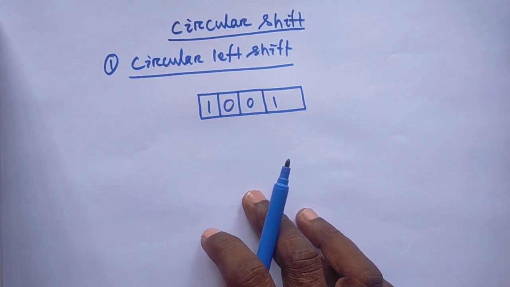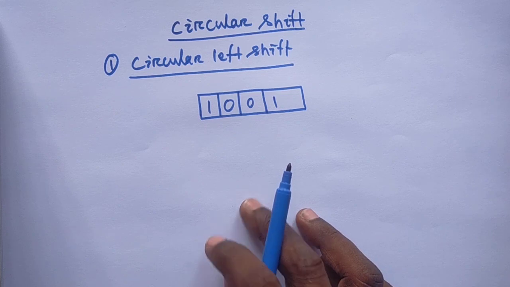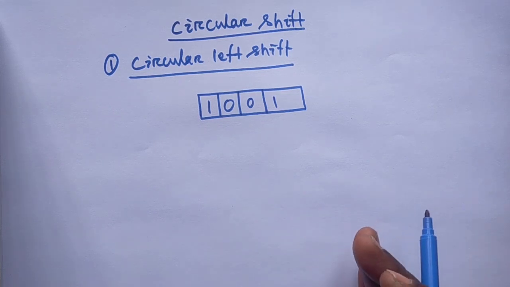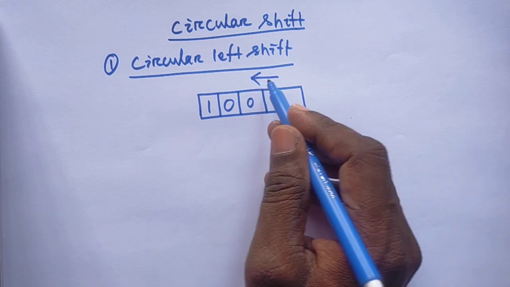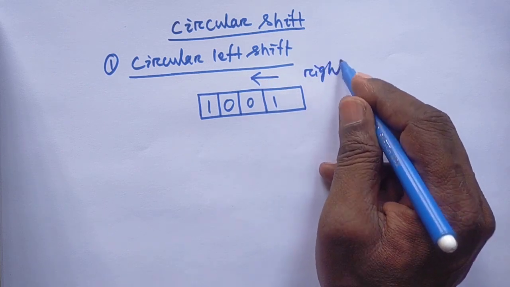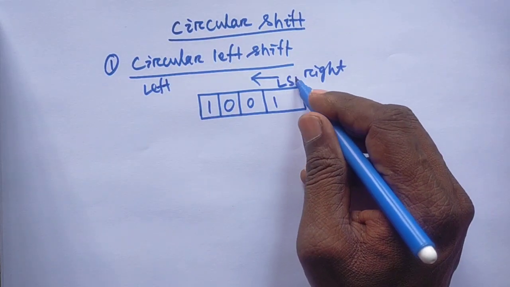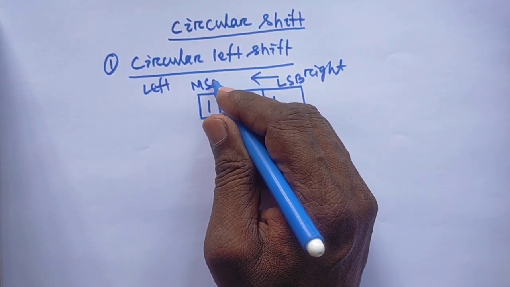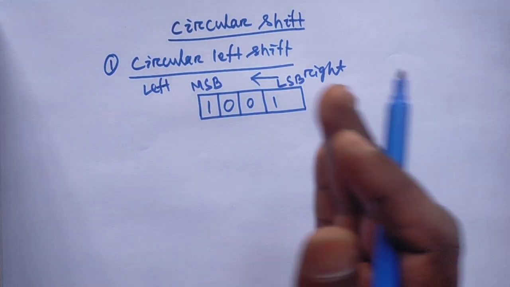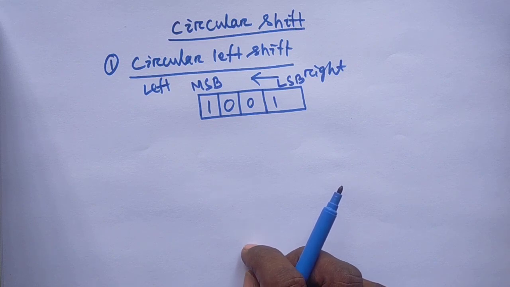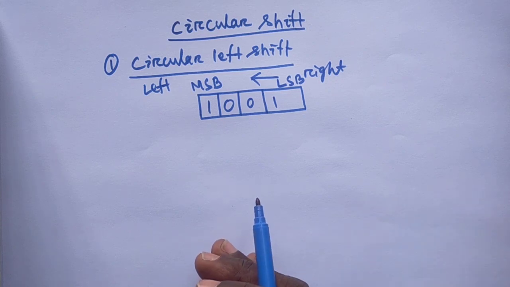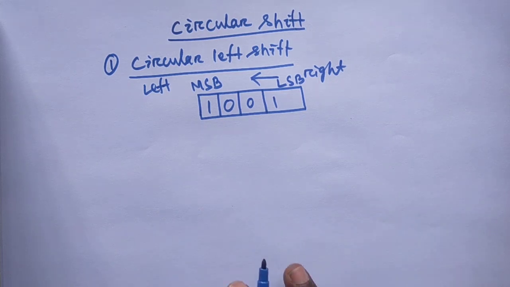Left shift means data transfer from right to left. Here is the right, here is the left. This bit is the LSB and this one is the MSB. We will see how the data transfers from right to left, and how the rejected or discarded data is reused in this technique.